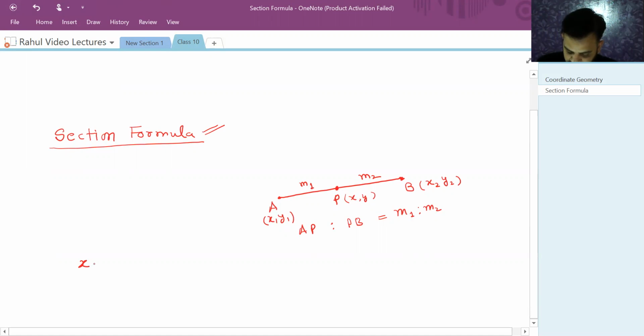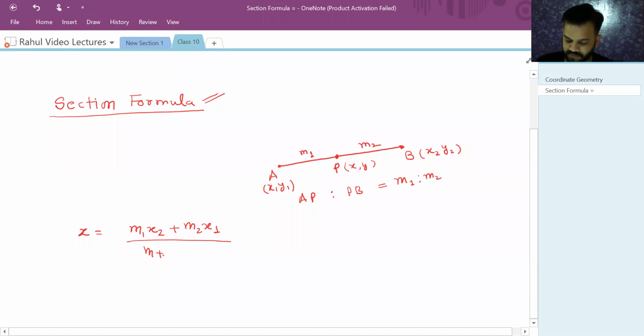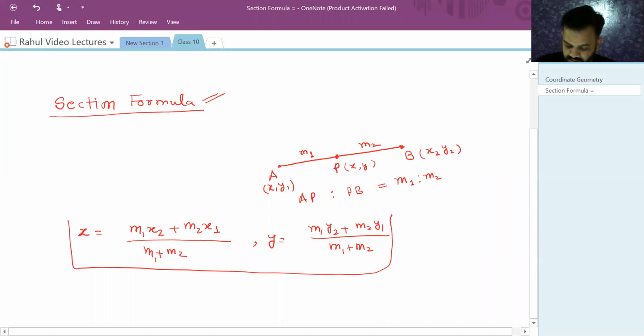So x will be m1 x2 plus m2 x1 divided by m1 plus m2, and y equal to m1 y2 plus m2 y1 divided by m1 plus m2. So using this section formula, we can easily find out the coordinate of P.